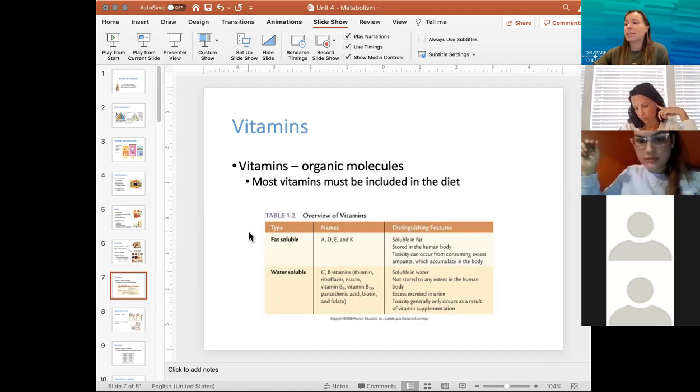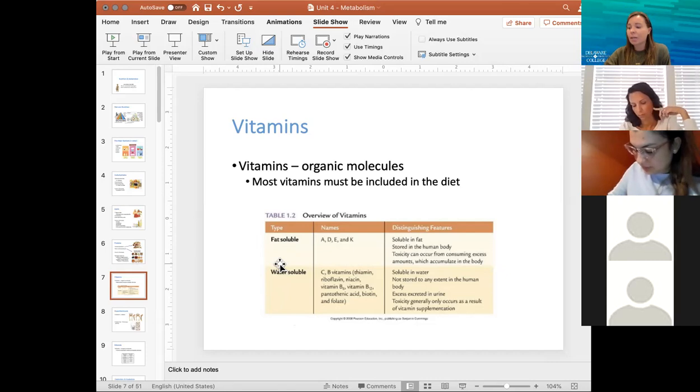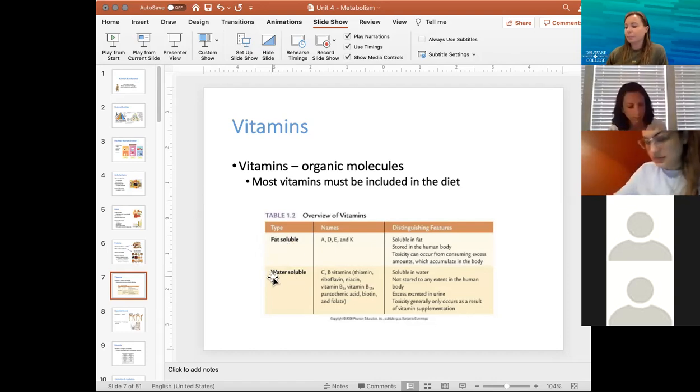Most vitamins can't be made by the body. So that means they have to be part of your diet. And there are two classifications of vitamins. They're shown on the PowerPoint slide here. There are fat or lipid soluble vitamins, and then there are water soluble vitamins.